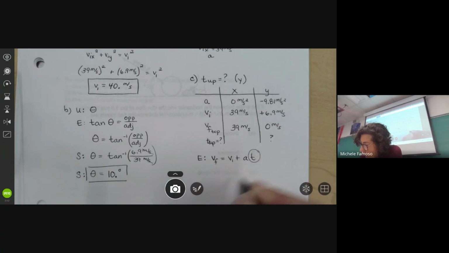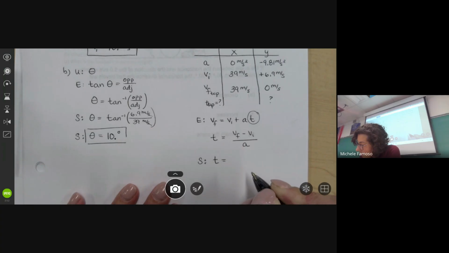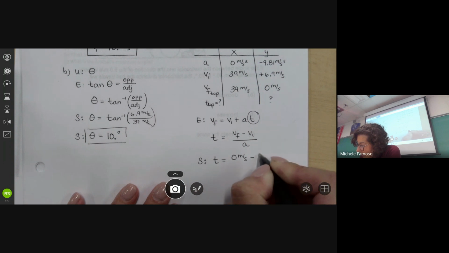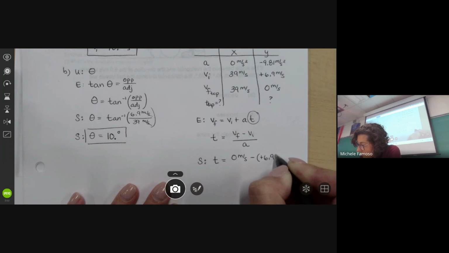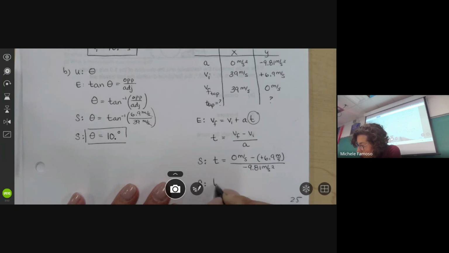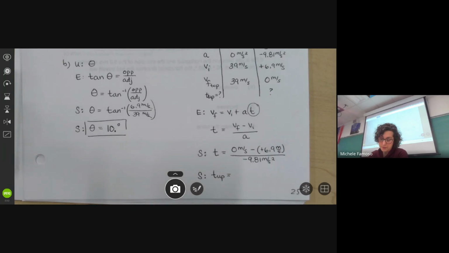So if we solve it for T, that's going to give us VF minus VI over A. We can now do our substitution with units. That means it's going to be 0 meters per second minus positive 6.9 meters per second, all over negative 9.81 meter per second squared. So now we can find that time going up.